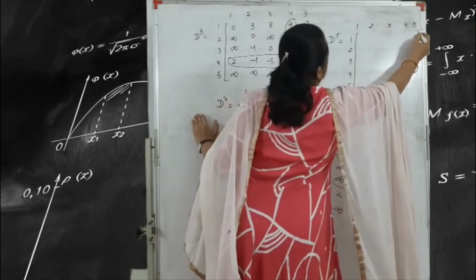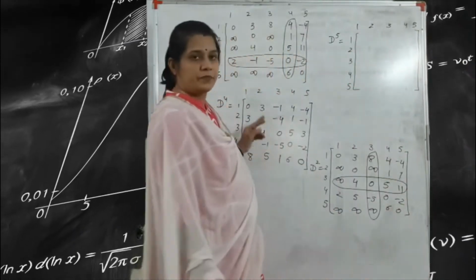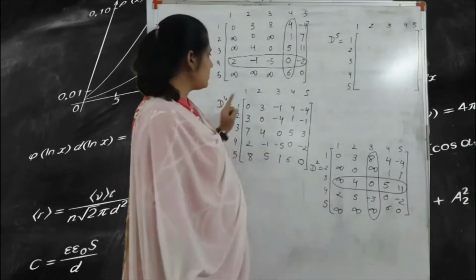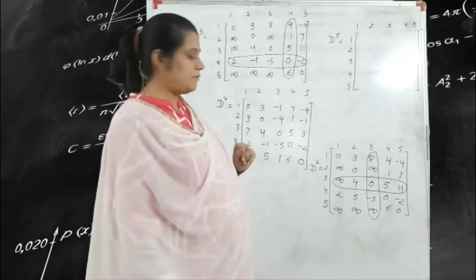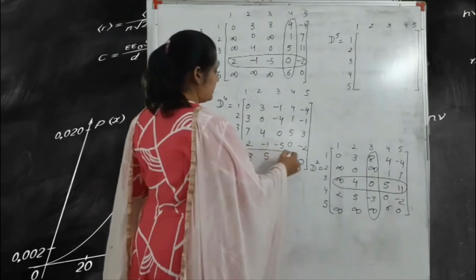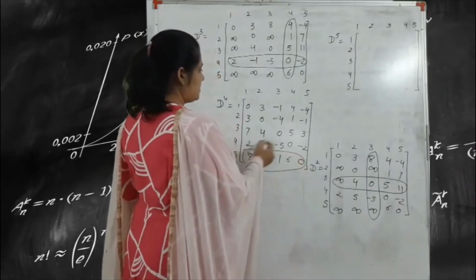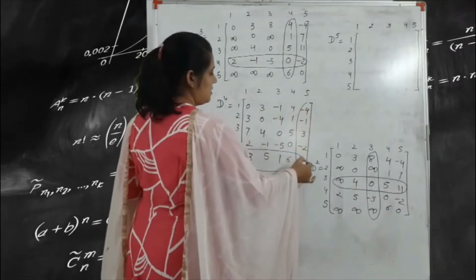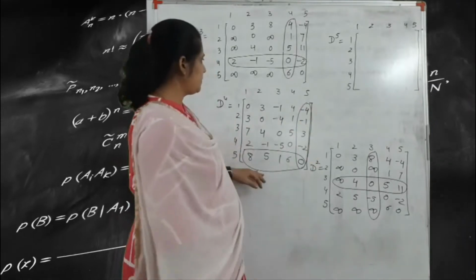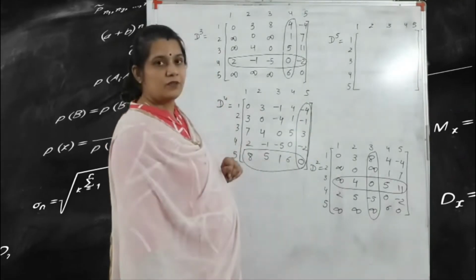Okay, we write here the next form from D4, and here we write the D5. So here you highlight this and highlight this: fifth row and fifth column.